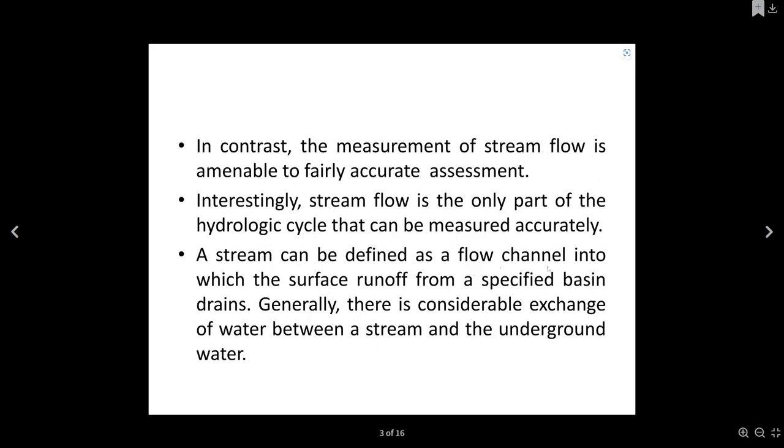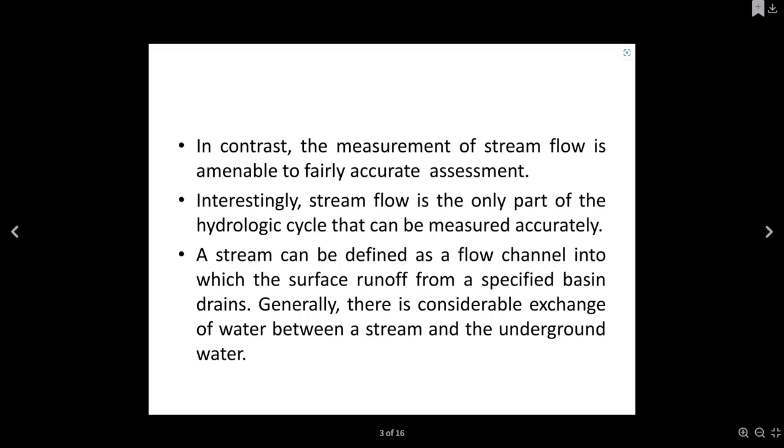So a stream can be defined as a flow channel into which the surface runoff from a specified basin drains. Generally, there is considerable exchange of water between a stream and the underground water. So pag sinabi mong stream, ang ibig sabihin lang niyan is yung river channel, usually. So lahat ng mga maliliit na streams galing sa basin, it all flows down, doon sila nagko-collect sa river channel.